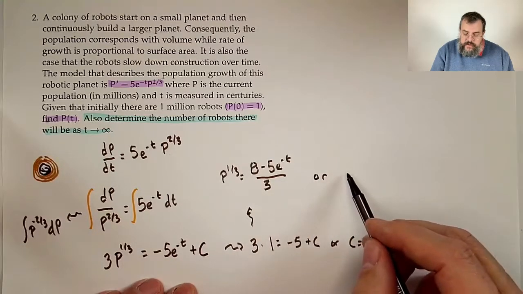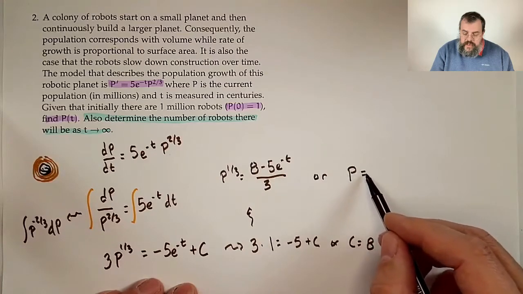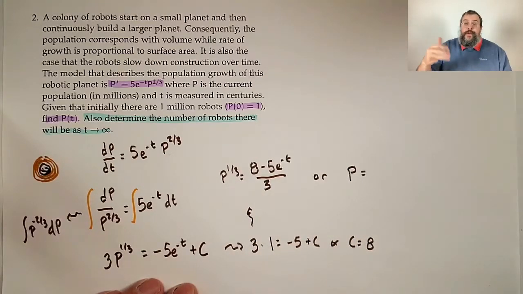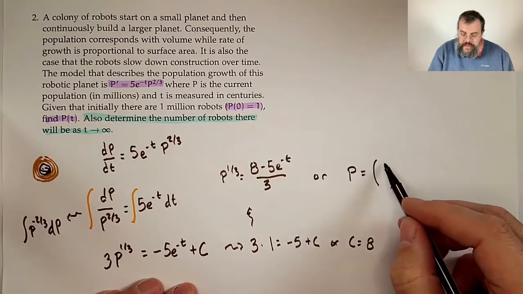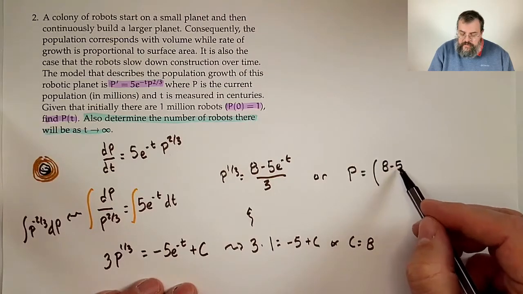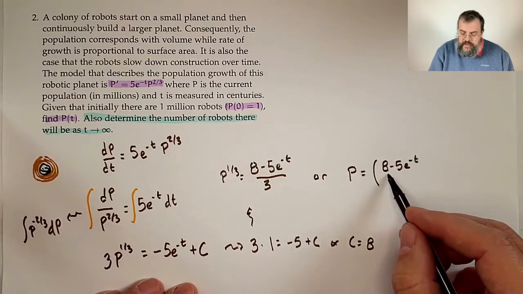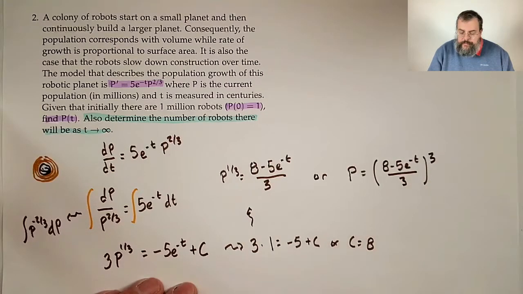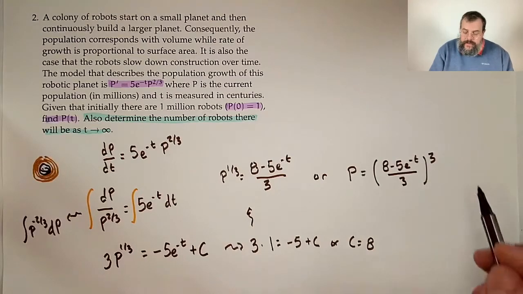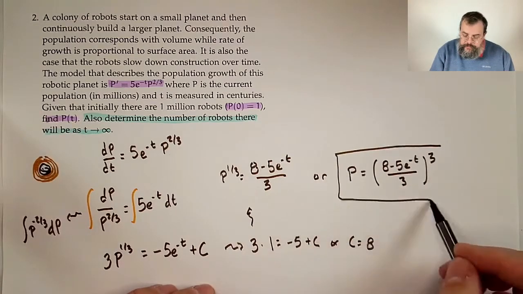And the way we get rid of the 1/3 is cube. So P is equal to 8 minus 5 e to the minus t over 3, to the 3rd power. All right, so that's part of our answer.